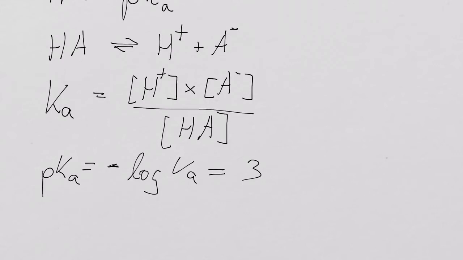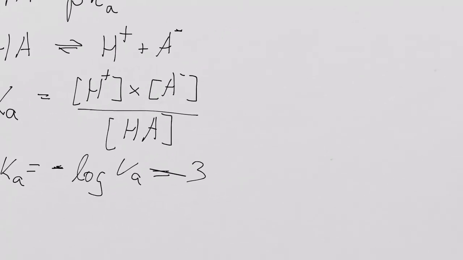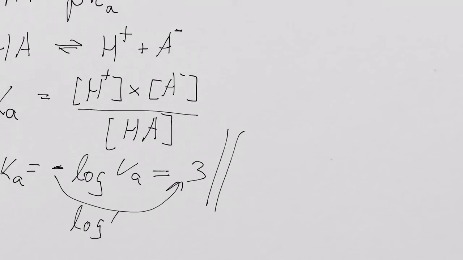Okay? So what is Ka? Well, what we do is we take both sides 10 to the power of. We bring the minus to that side, so we have log Ka equals minus 3.